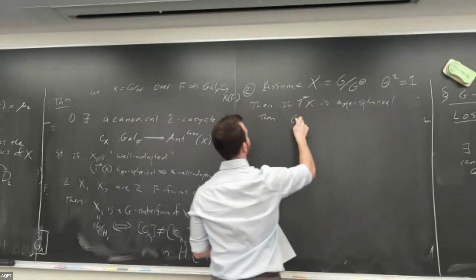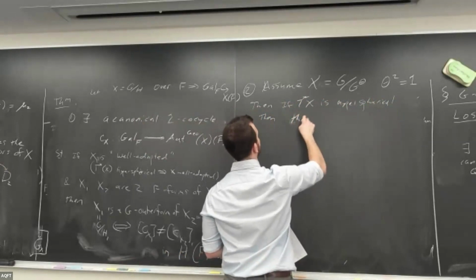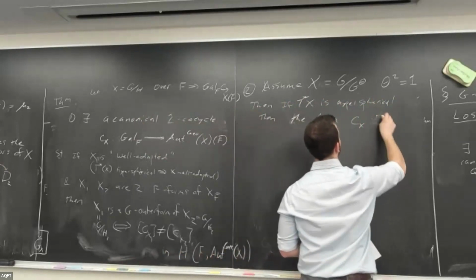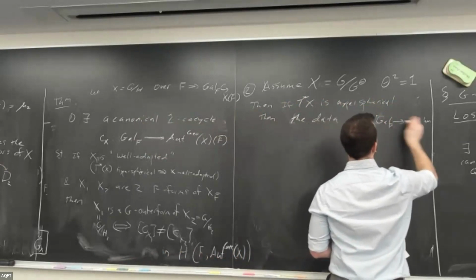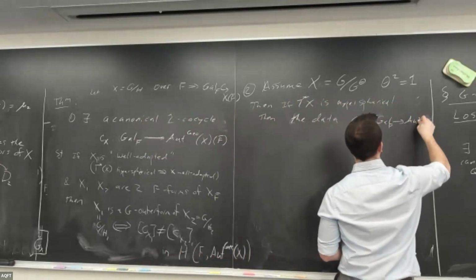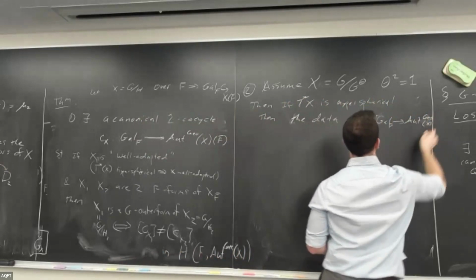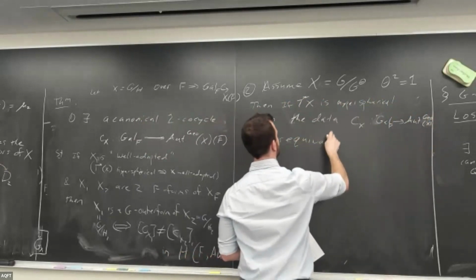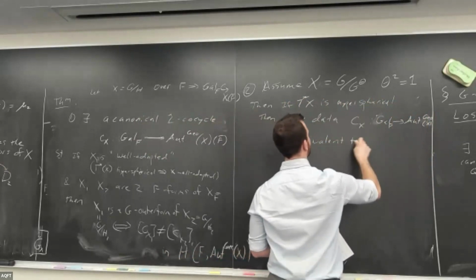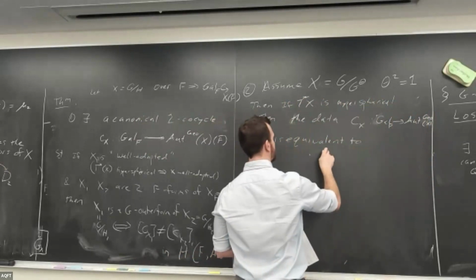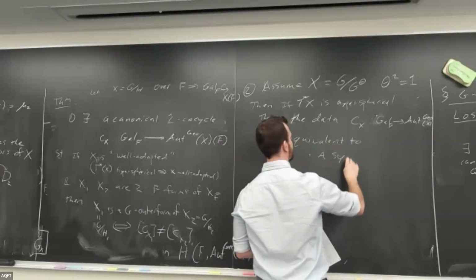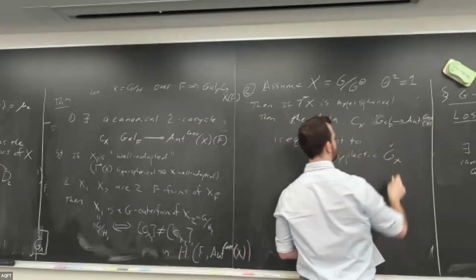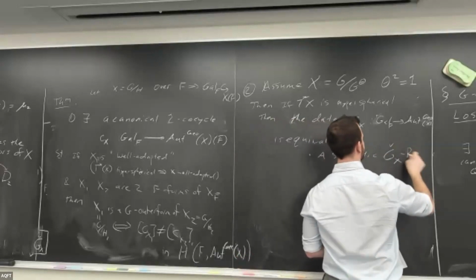Then the data of this cocycle is equivalent to a symmetric or symplectic G_X check representation.